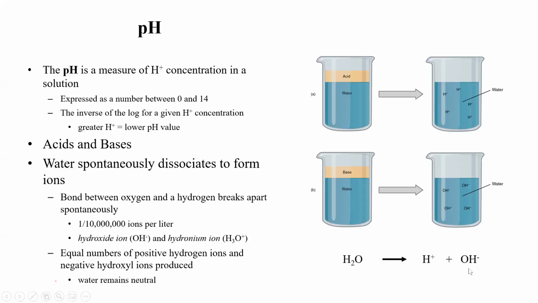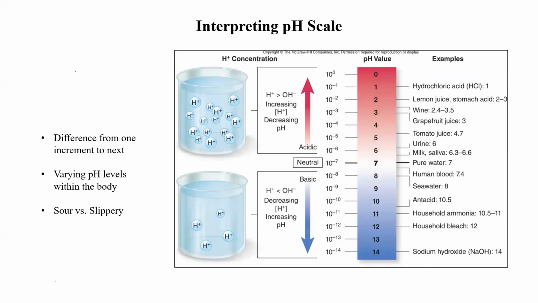So water itself is considered a weak acid and a base at the same time because it can either contribute hydrogen ions or hydroxyls. But because every time it breaks down, right, it produces equal amounts of hydrogen ions and hydroxyls, it doesn't actually make the solution acidic or basic. The two will cancel each other out and it produces a neutral solution, right? So that equal number of positively and negatively charged ions would cancel out.